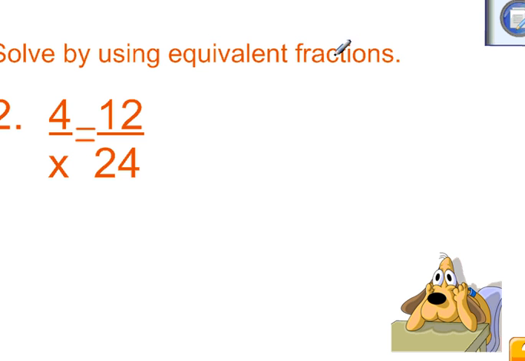Here's an example of solving by using equivalent fractions. In this problem, I can see a relationship between my numerators. I can see a relationship between 4 and 12. I know that 4 times 3 will give me 12, or I can do the inverse of that, which is 12 divided by 3 gives me 4.